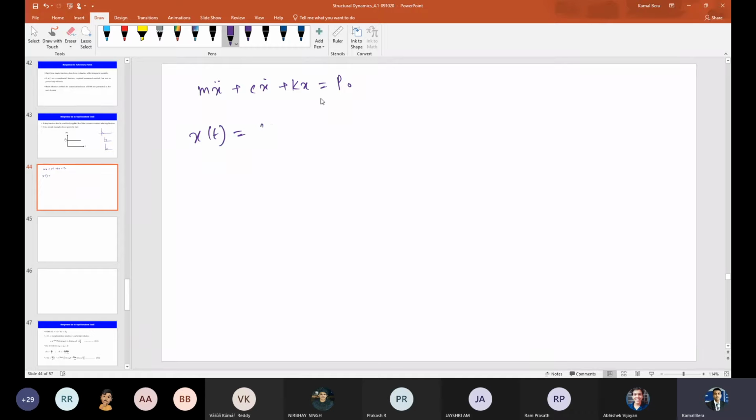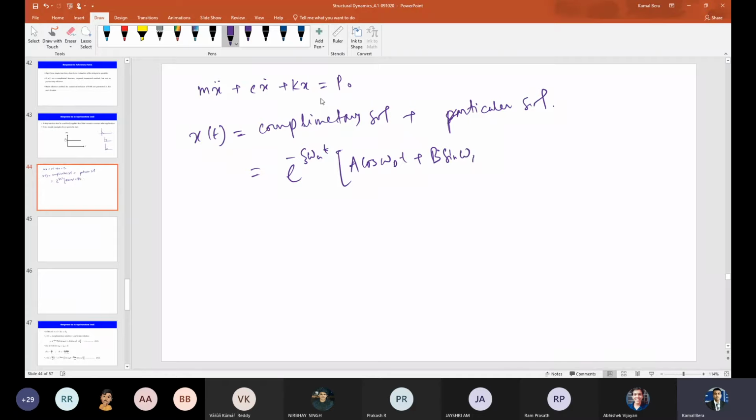So x(t) is the combination of the complementary solution plus the steady state solution, the particular solution. Your complementary solution is e raised to minus zeta omega n t, A cosine omega d t plus B sine omega d t, plus the particular solution.